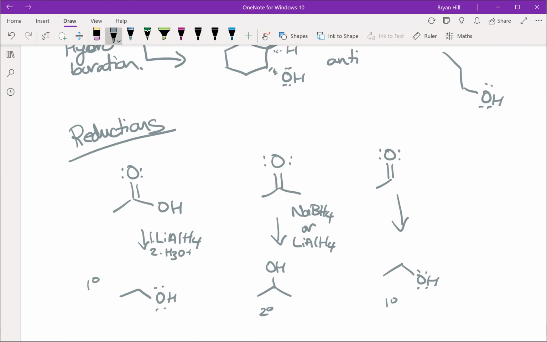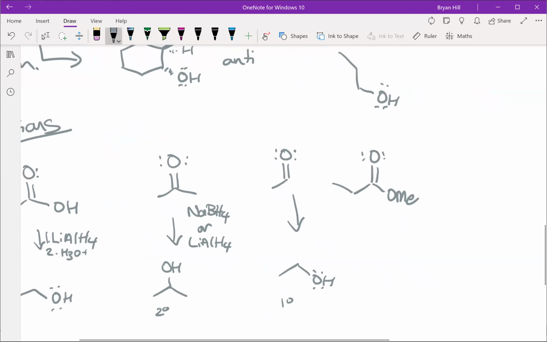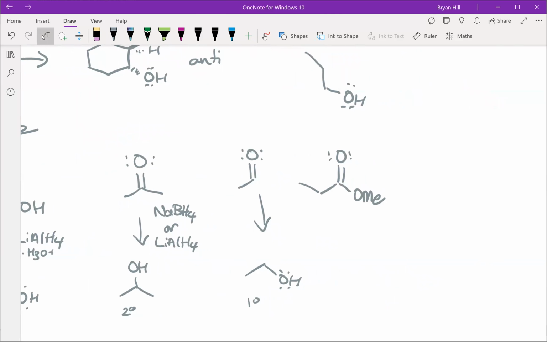What did an ester do? If you had, say, this, what would it produce if you tried to reduce it? Was it a primary alcohol? Right, it was. So if you use lithium aluminum hydride, you would get a primary alcohol.